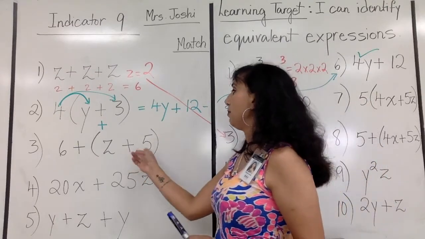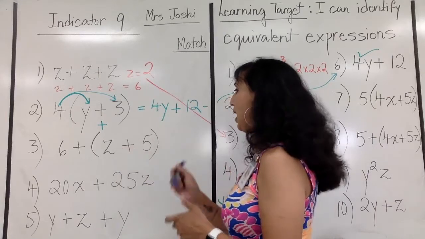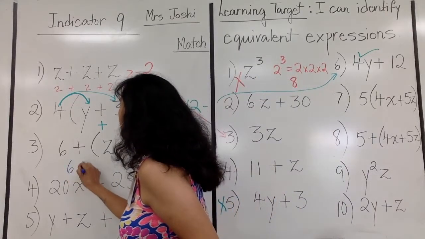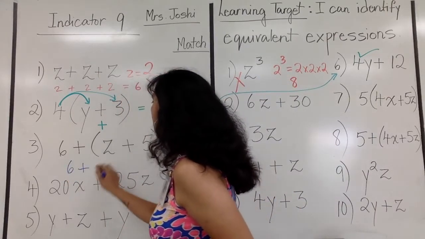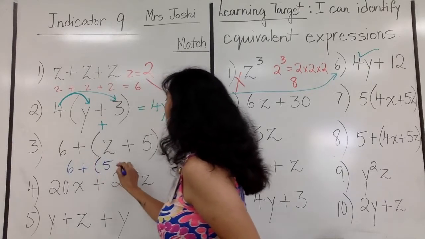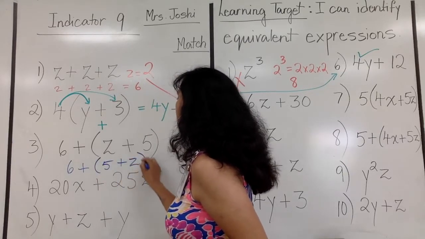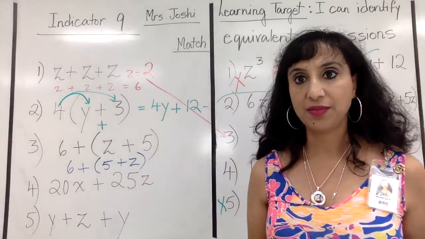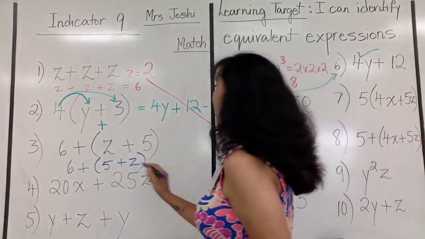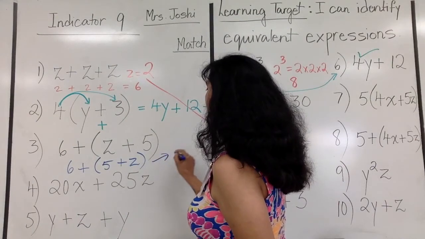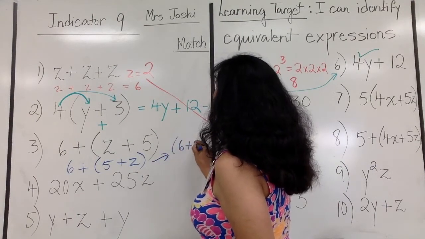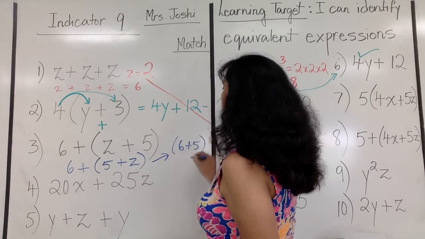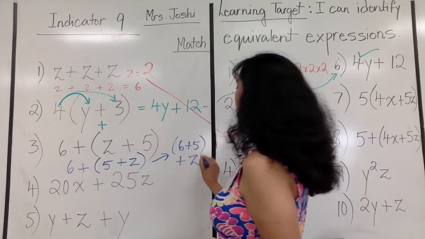But based on the commutative property, I would do 6 plus, I'm going to change the order because I want the number next to the number, because numbers can be added together. Then I'm going to change the grouping, and changing the grouping is the associative property of addition, and we'll talk about this in the next indicator.